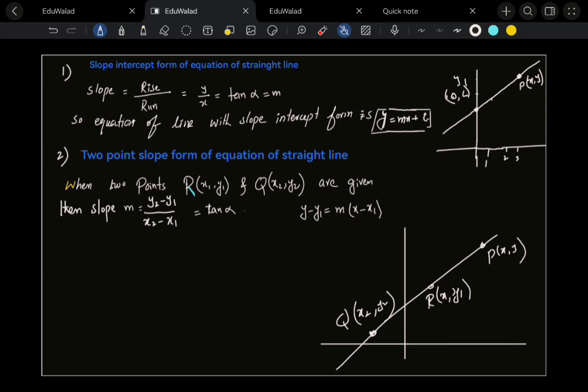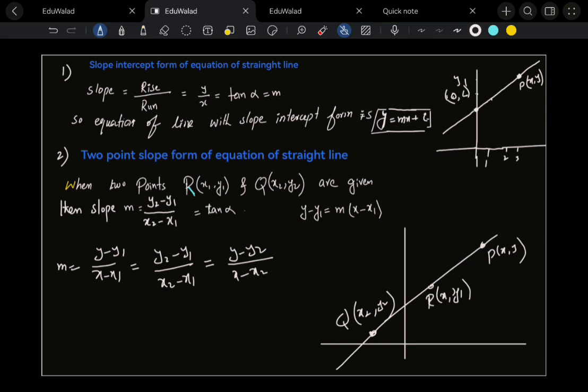Because these points are collinear with each other, we can say that y minus y1 over x minus x1 equals y2 minus y1 over x2 minus x1, which equals y minus y2 over x minus x2. So all these are equal to the slope of the line.